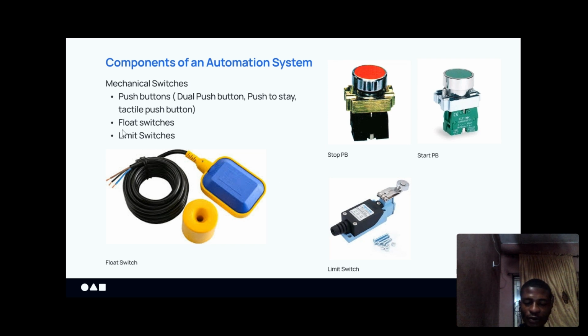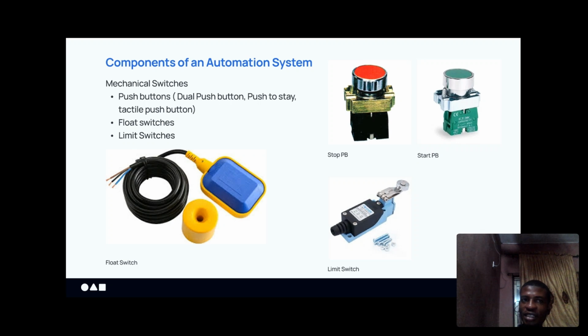So another type of mechanical switch that we have is the limit switch. The limit switch is used to limit the movement of an object. Let's say you don't want a door to open to a particular level. Once that door is open to that particular point, this switch either closes or opens, and then it triggers the controller to perform a particular task or maybe to sound an alarm.